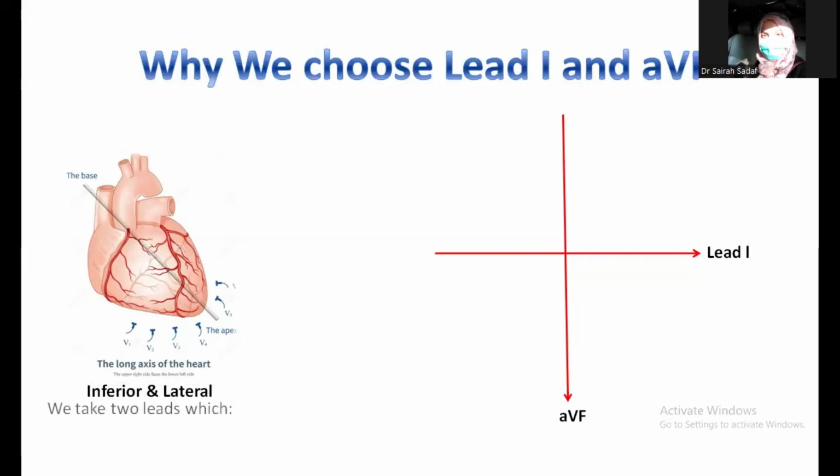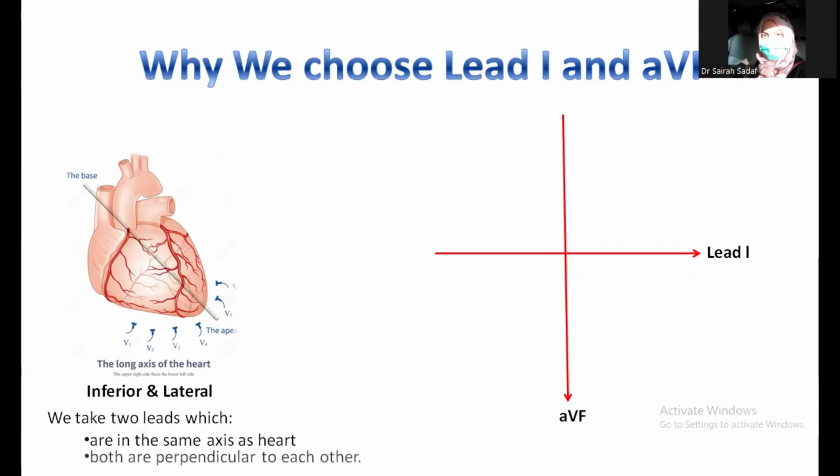So we take these two leads, first of all, because they are in the same axis as the heart, and secondly, because both are perpendicular to each other. We have to choose two leads which are perpendicular to each other. As you can see, these intersect each other at a right angle. So that's why we choose these leads.